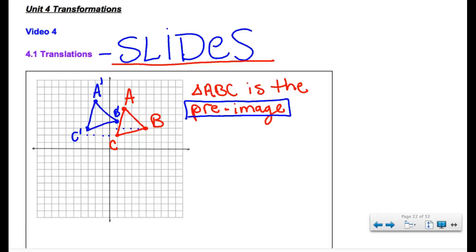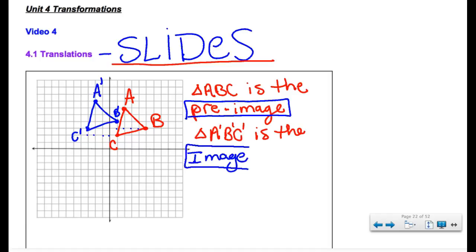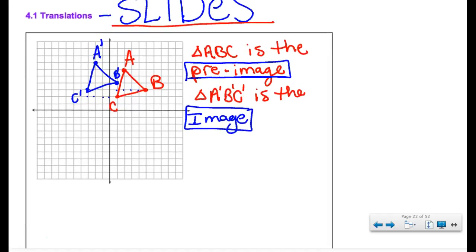And we say that triangle A prime, that's what that little apostrophe means in math, is prime. We say that triangle A prime, B prime, C prime is the image under this translation. Well, when I describe the translation, I describe it one of 2 ways.